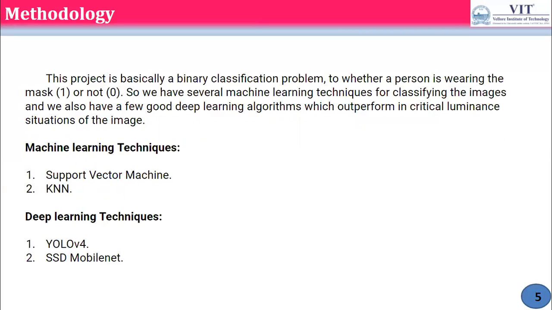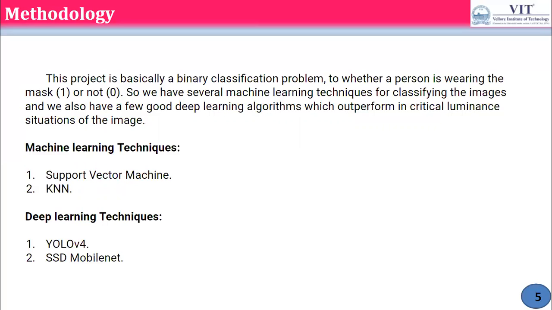The machine learning techniques that we are going to use are the support vector machine, the SVM model, and then k-nearest neighbors. After that, we will be using the deep learning techniques YOLO V4 and SSD MobileNet. YOLO V4 and MobileNet are detection models, not classification models.